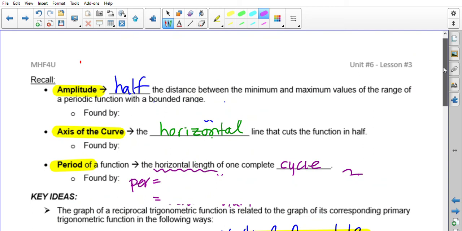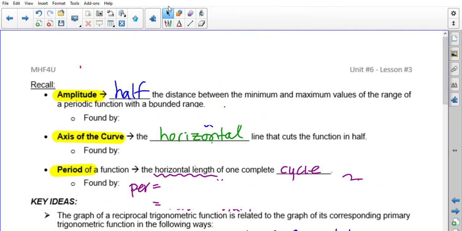And then the last few bits I want you to refresh your memory with, that we're going to get into a bit more. Remember key terms like amplitude, which is half the distance between the max and min values of the range of a function. Amplitude is the absolute value of A, and can be found by doing max minus min divided by 2.